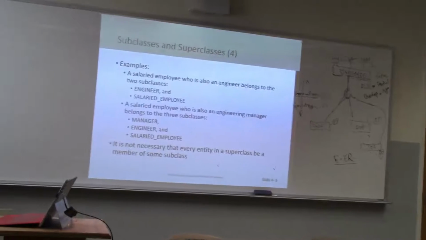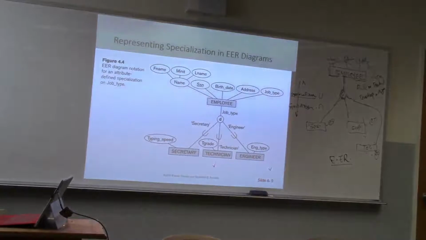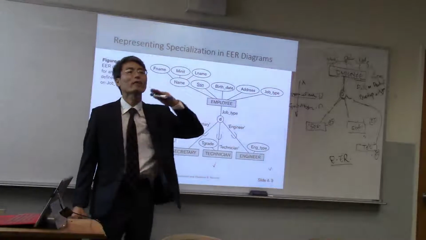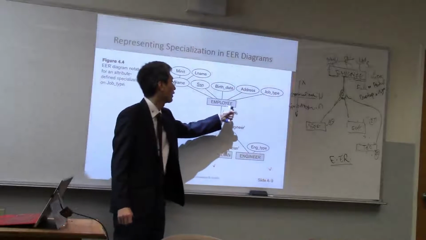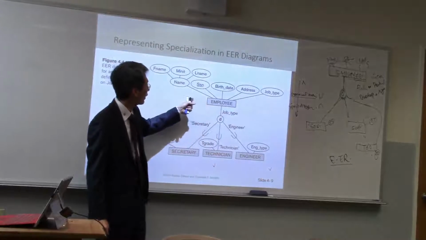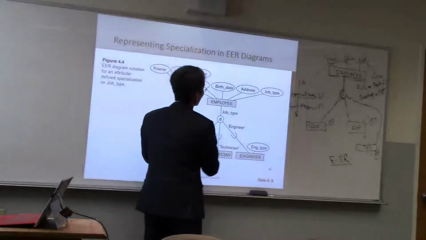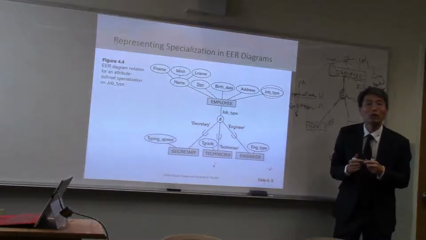Okay. So sometimes to clarify how we can find these subclasses, we can specify job type over here. Some designers like to enter job type only as an attribute, okay?